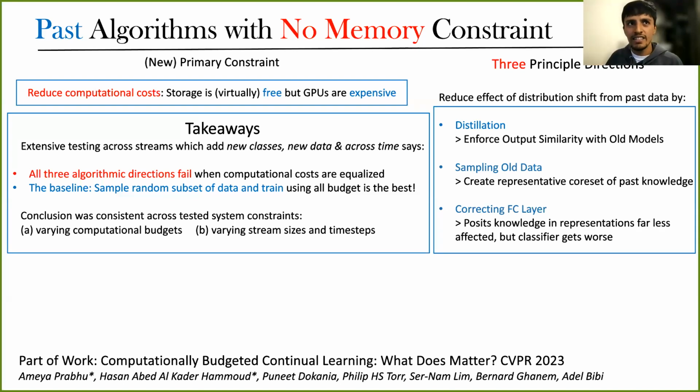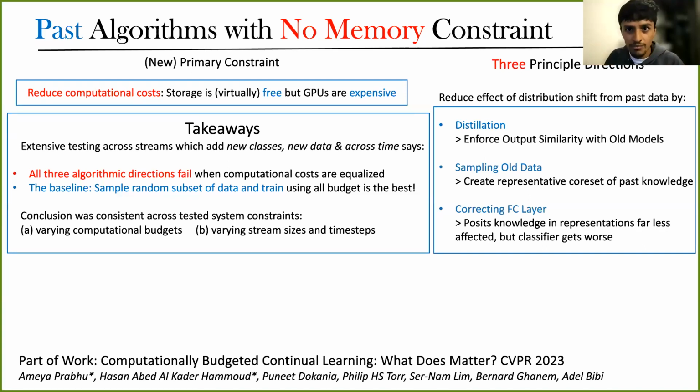What essentially these methods did is increase the compute and hence got better performance. But if you normalize it, then the best way to use the compute is just always fine-tuning on past datasets. This result was very consistent across a lot of different system conditions we tried.